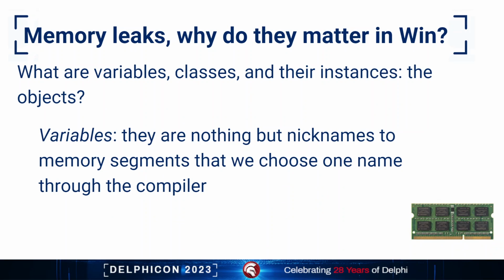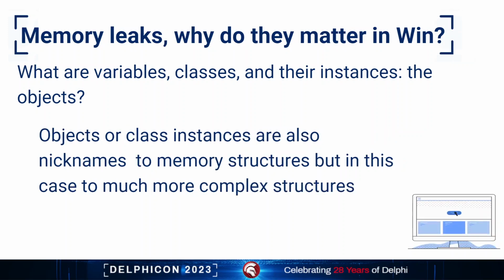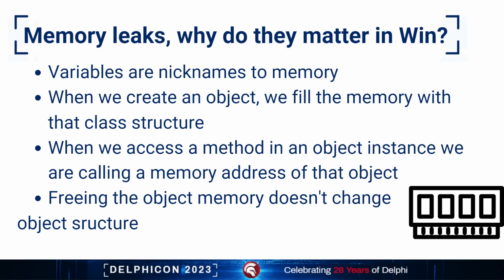So, what are memory leaks? Why do they matter in a Windows environment? Well, we must start with variables. They are nothing but nicknames to memory segments, right? So everyone knows that. And when we use a class instance, an object, we are also using just nicknames to access more complex structures, right? So this is clear to all of us at this moment.